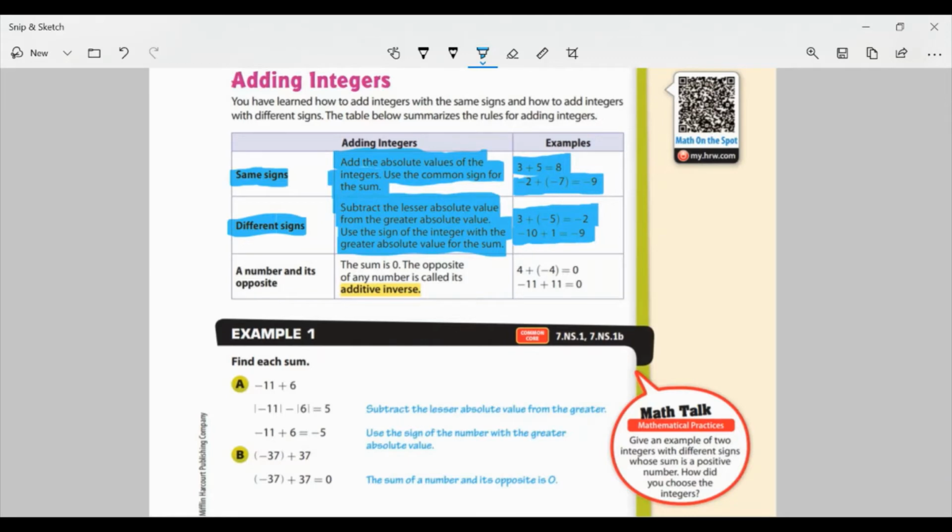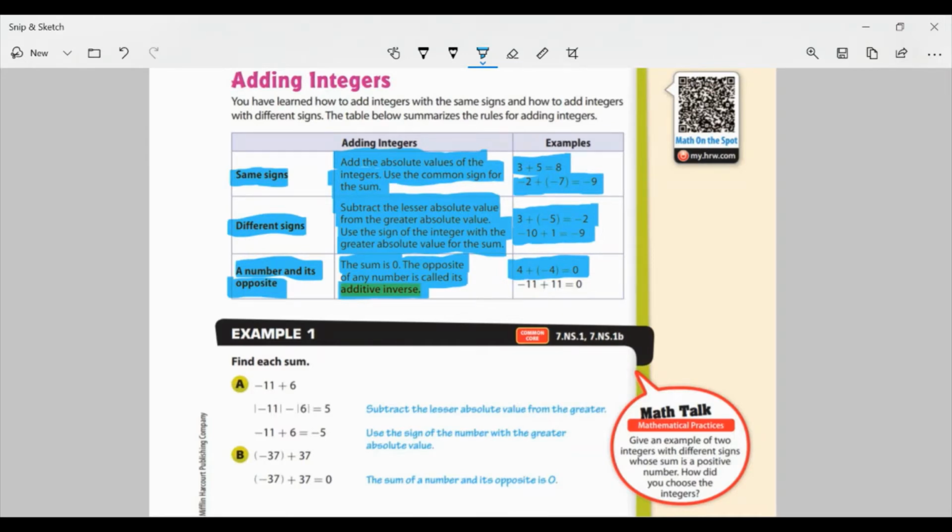All right, so looking at the next one, it says a number and its opposite. Remember, that is when you have a 4 and a -4. Those are opposites. When you add those together, the sum is 0. The opposite of any number is called its additive inverse. We talked about that in the first video, I believe.